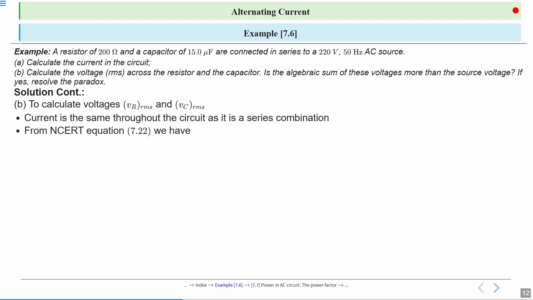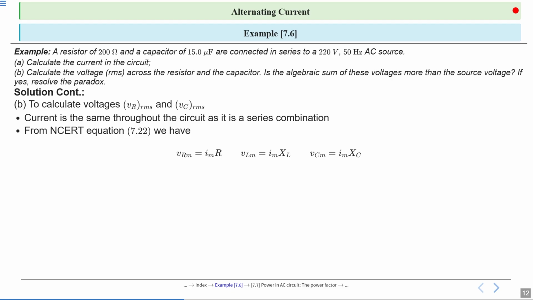From NCERT equation 7.22 we have VRM equal to IMR, VLM equal to IMXL, and VCM equal to IMXC. We can write this expression in terms of RMS values also. VRMS is equal to VRM upon root 2, where VRM is the maximum value of voltage across resistor.